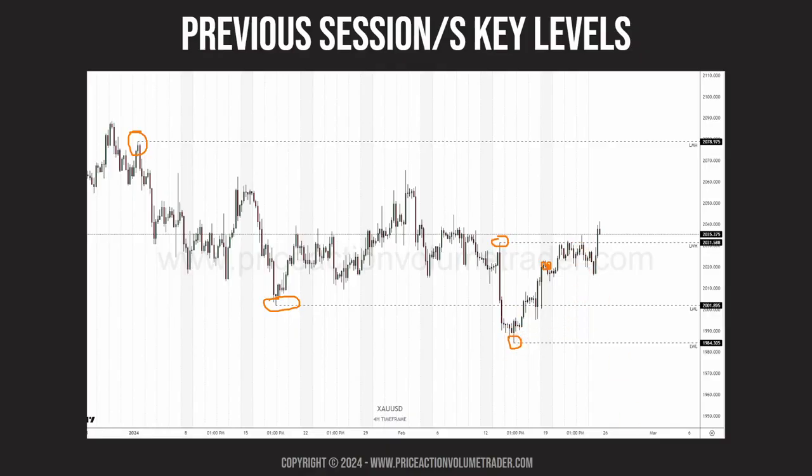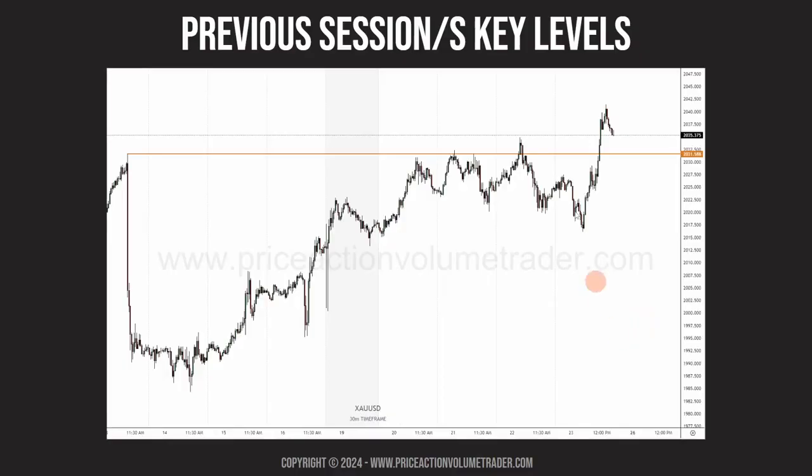Now if we zoom in on this region, there was a lot of significant interaction with this level. This is a 30-minute chart now. This was the high from last week. You can see how this week that just closed, we opened up on Monday and barely missed it here.